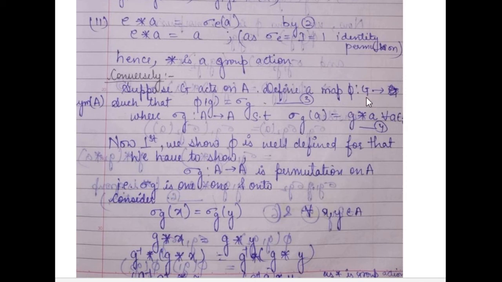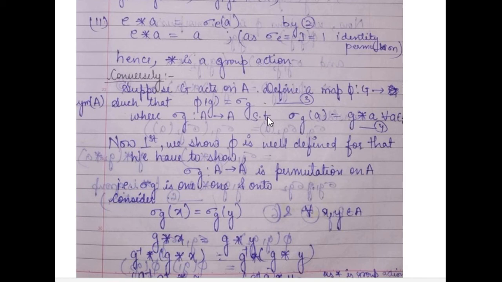Now we define a mapping phi from G to Sym(A) such that phi(g) equals sigma_g, where sigma_g is a permutation and g is any arbitrary element of G. So sigma_g is a mapping from A to A, given by sigma_g(a) equal to g star a. We have defined this permutation.